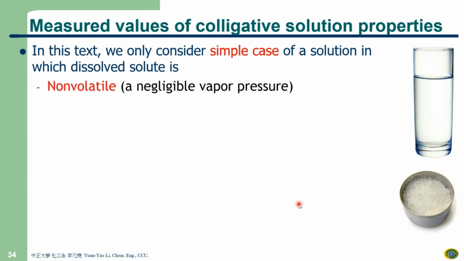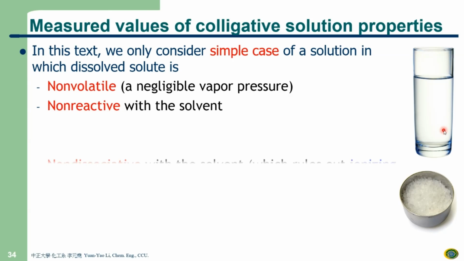The first one: in order to do this calculation, we want to use a non-volatile material, a solid material in this liquid. This material cannot vaporize into the gas phase. Also, this material is not reactive with the solvent, the liquid. Okay, these are the conditions.